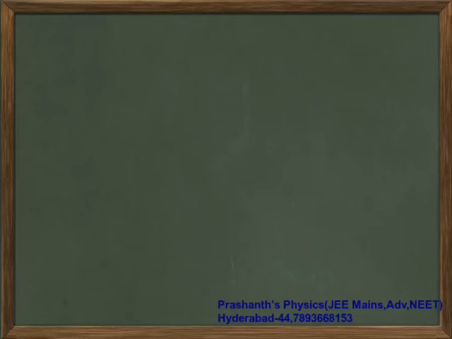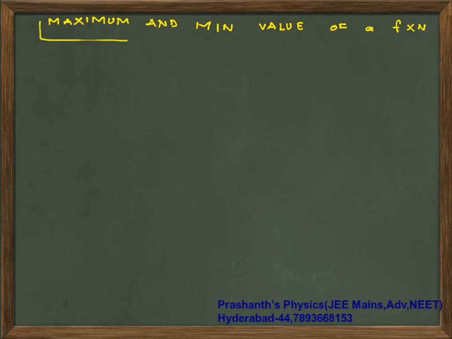So how are you going to calculate the maximum and minimum value of a function, I will tell you. So I will start with the maximum and minimum value of a function. Okay, so how I will do it, I will tell you.